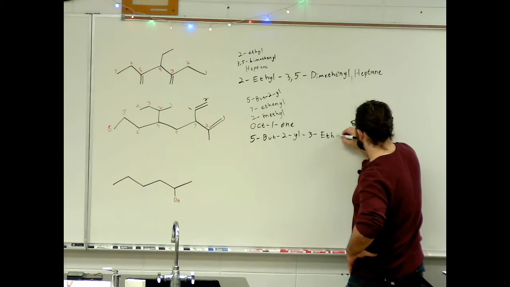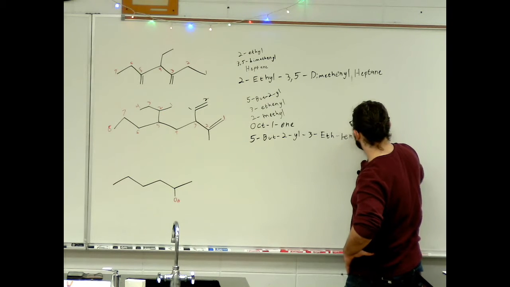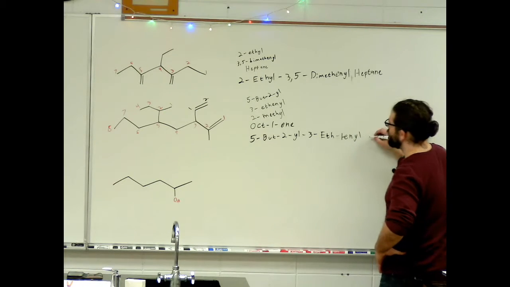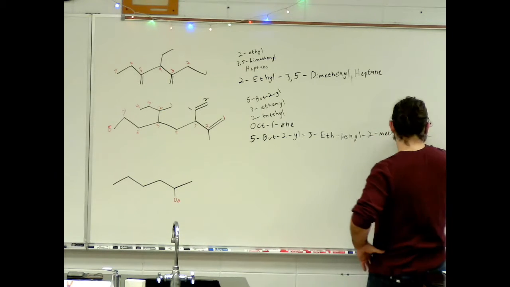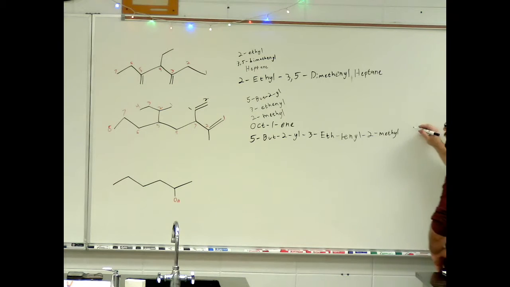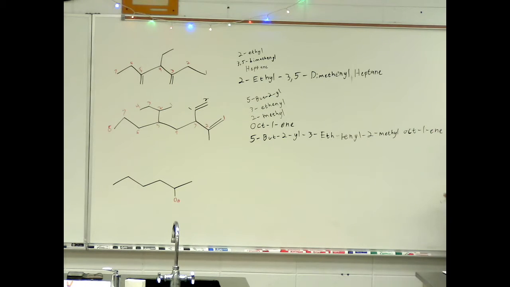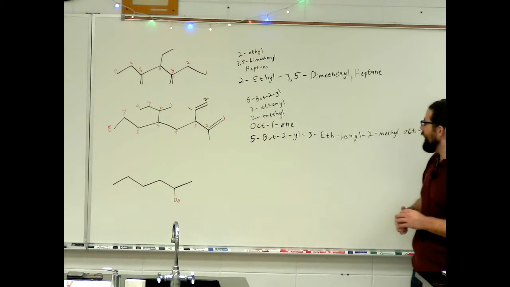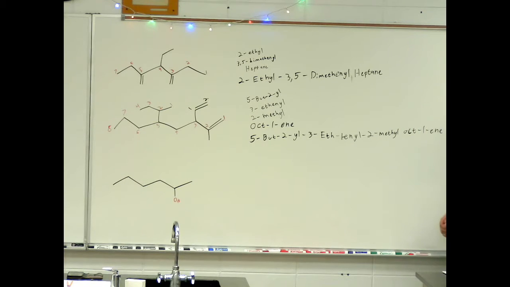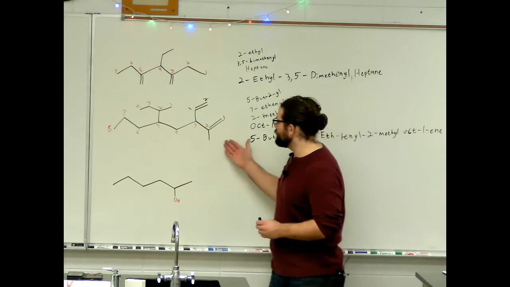So that eth-1-N-il, 2-methyl, almost off the page, oct-1-ene. What a mouthful. 5-but-2-il-3-eth-1-N-il-2-methyloct-1-ene. A complex name, but it describes the structure.